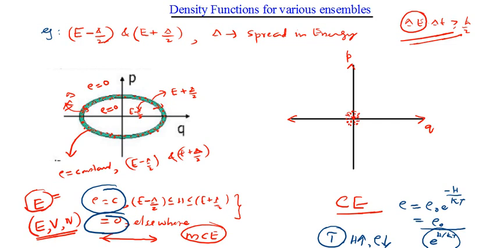So we can say that here the representative point distribution will be like this. You have to go on comparing with that of the microcanonical ensemble. Now as you move away from the origin, the density will be decreasing. That's the meaning.